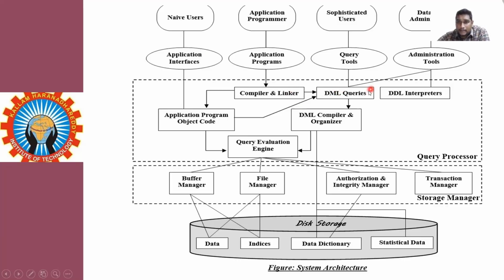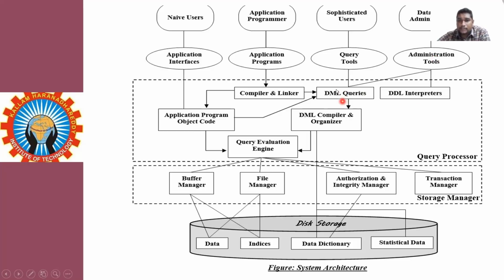But if you take these two, the compiler and linker were done by the programmer, and the naive users' application object code goes directly to DML queries, and it will be maintained again by administration tools. Okay, we will discuss all of it.